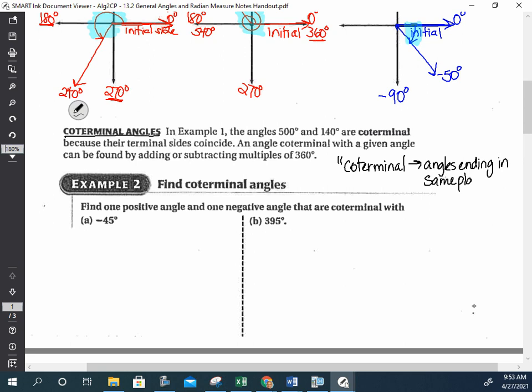For this type of problem, to find a coterminal angle, you only need to know how to do two things: add and subtract. If you do those two things, then you'll be in great shape.